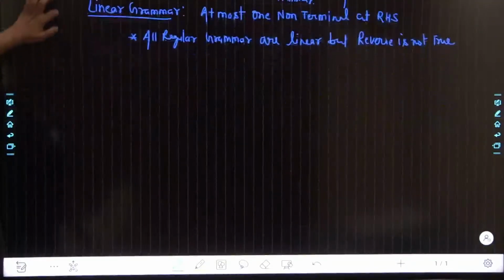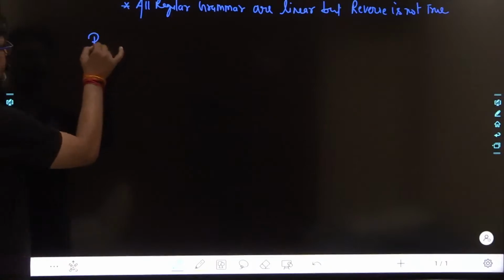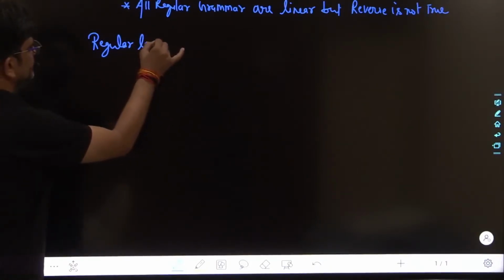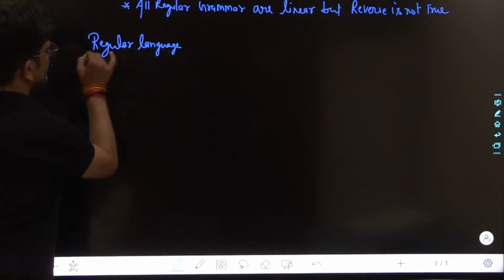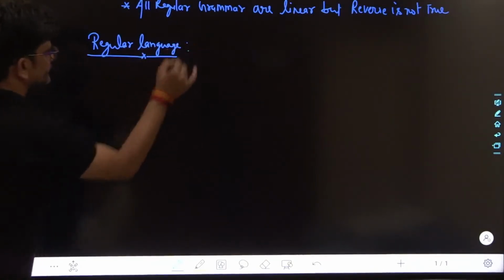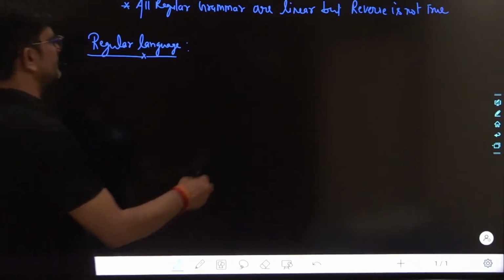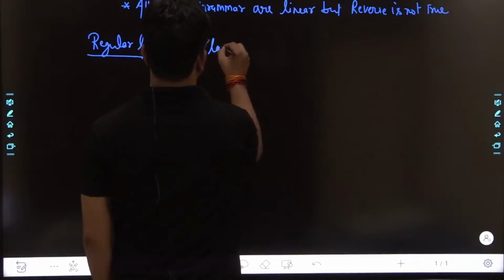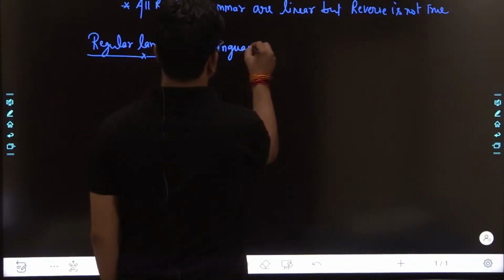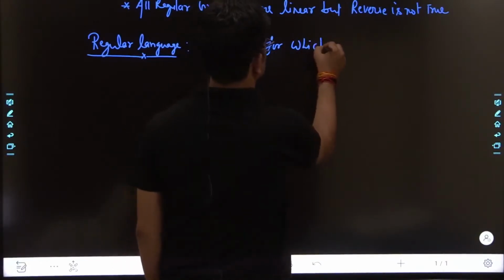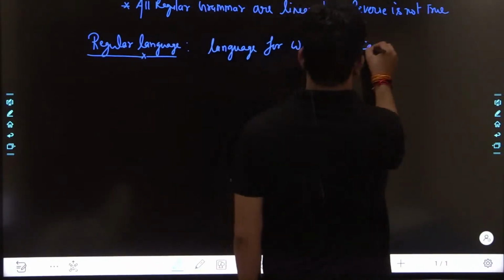So, what is regular language? Language for which we can construct at least one regular grammar.